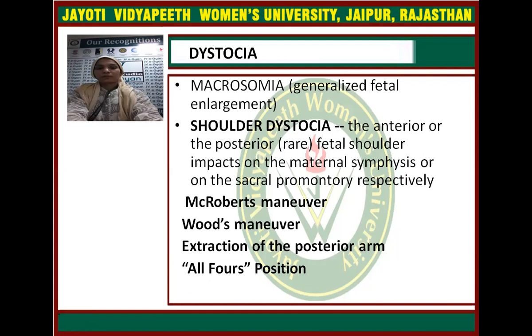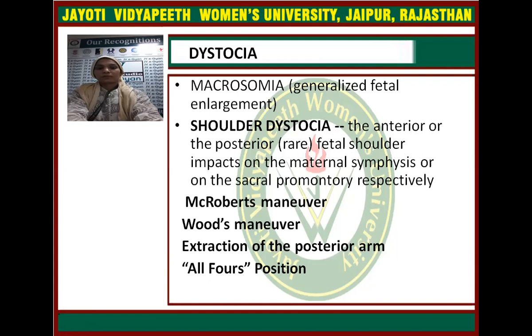In the management, we can do the McRoberts maneuver. In McRoberts maneuver, abduct the maternal thighs and sharply hyperflex them onto the abdomen, so there will be upward rotation of the symphysis pubis and a decrease in the angle of pelvic inclination.